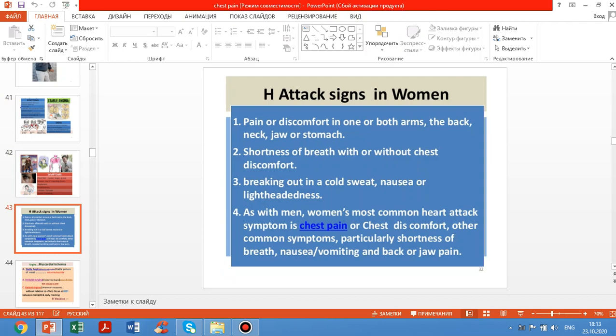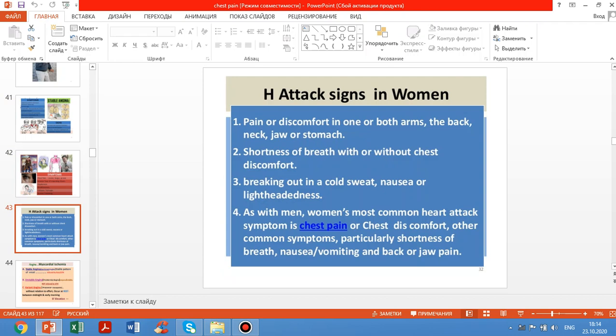In this slide you can see characteristic heart attack signs in women. Pain or discomfort in one or both arms, the back, neck, jaw, or stomach. Shortness of breath with or without chest discomfort.